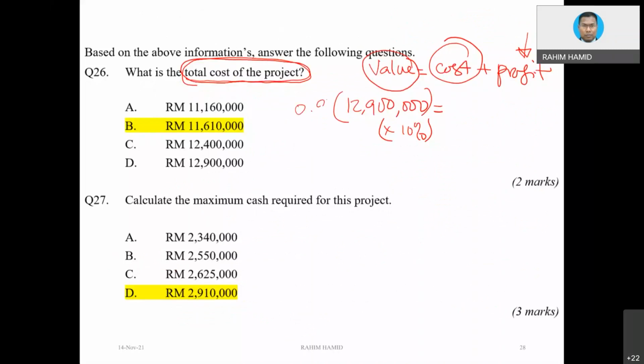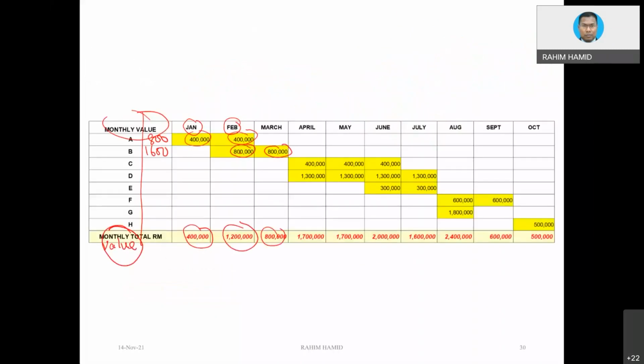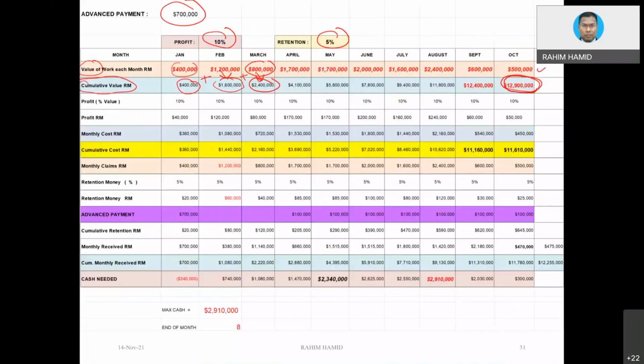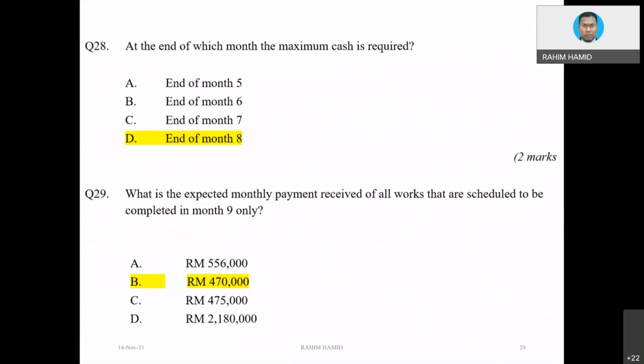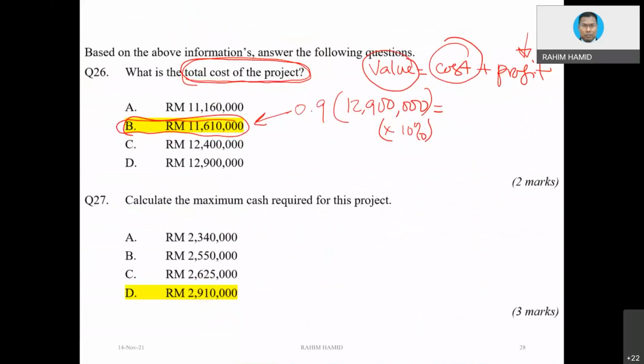You should get this one. Okay. So this is what we call bonus question. Without going through the calculation, if you go through the calculation, eventually you will get the answer as well. Okay, how do we get the answer there? Now, if you want to go through the calculation, you can, but you don't have to, because based on the formula there, you already know that is the equation.